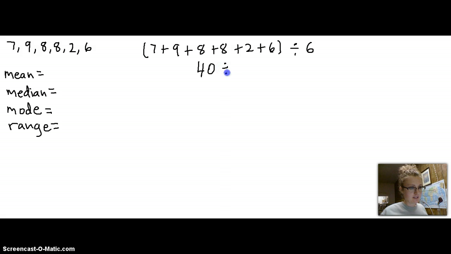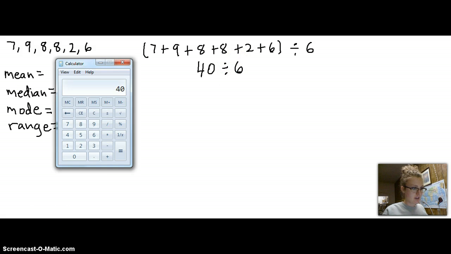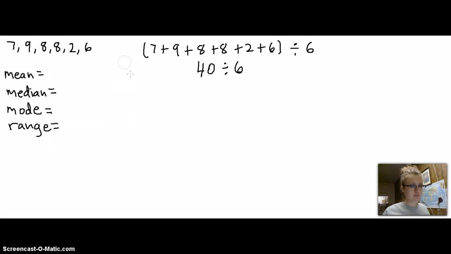And then we'll divide it by 6. Let's grab our calculator again and divide by 6. And here we get 6.6 repeating. So this is equal to 6.6 repeating. So that's the mean. That's on average what I got, the amount of sleep I got the last 6 nights.